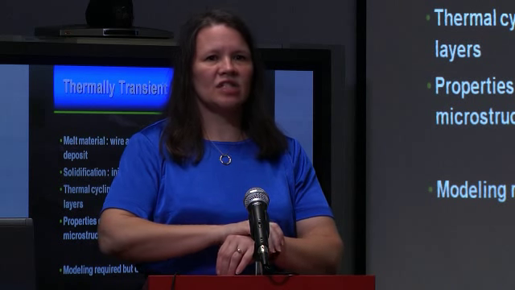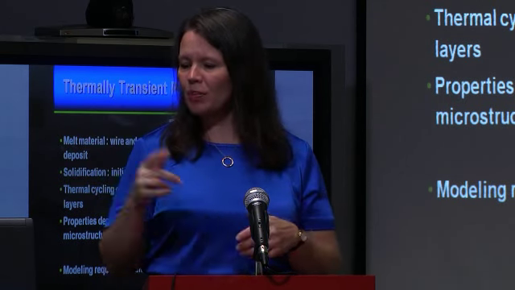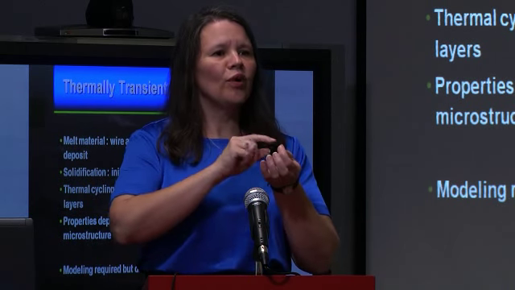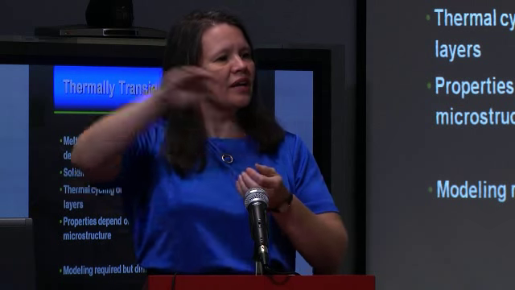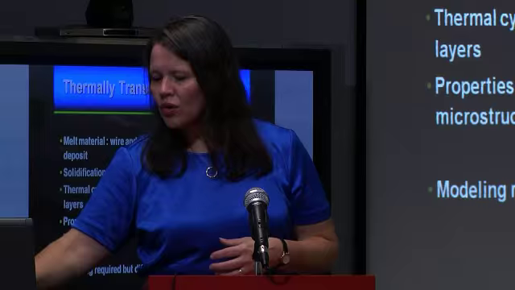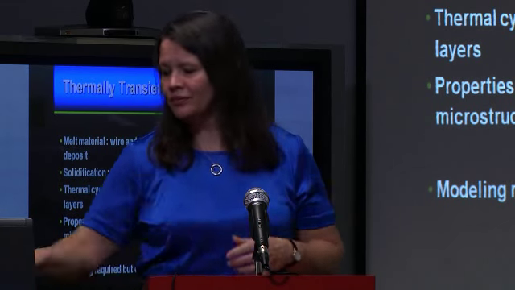We don't hit it. We're constantly changing our temperature. Both pictures here show the temperatures at a certain point, and the temperature goes up and down as we put the next layers on. So modeling is required, but it's really not easy to do.